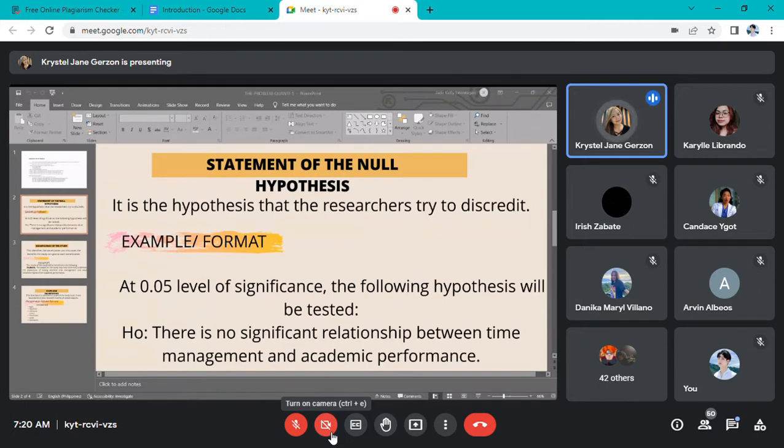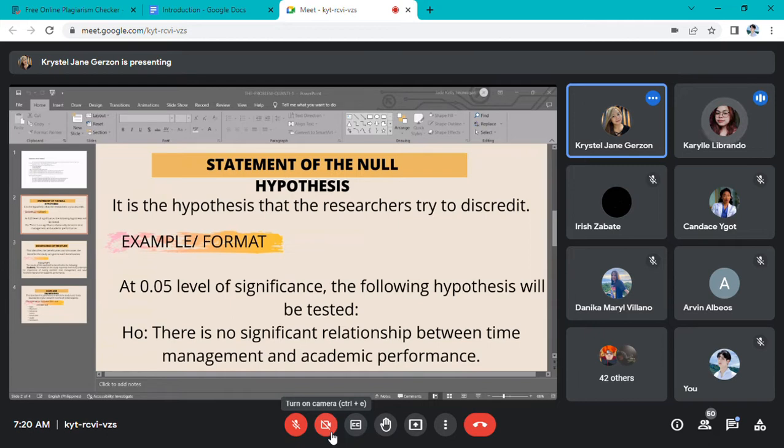So let's say, for example, your study is all about the correlation between video game addiction and academic performance. What is your assumption in that study?